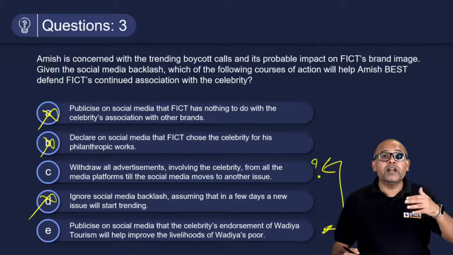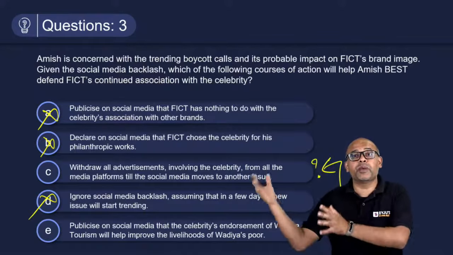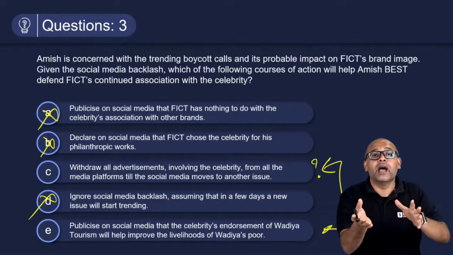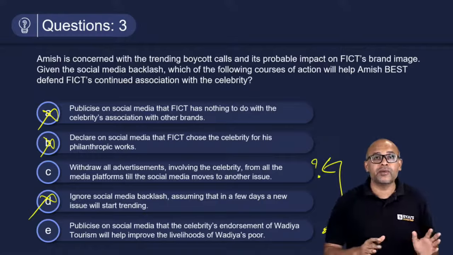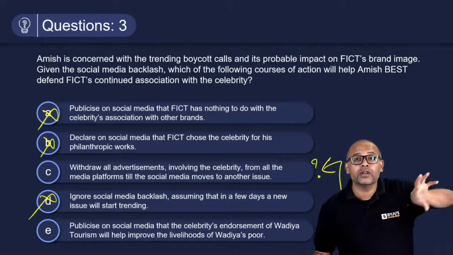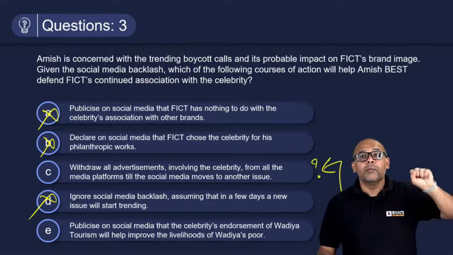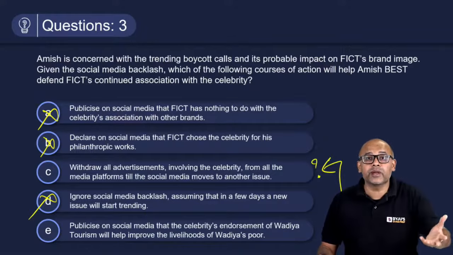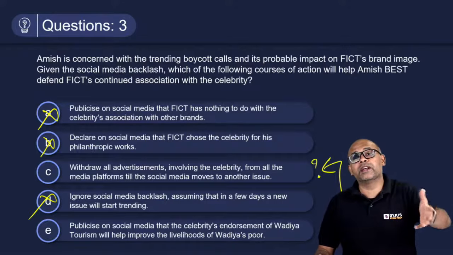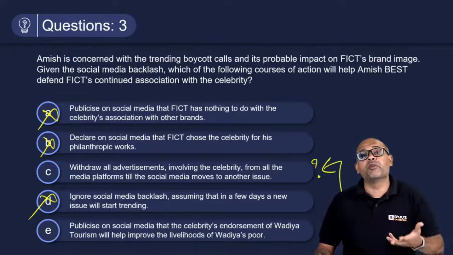So you are completely deflecting the perception of the people from him being a close friend or approving the dictatorship, to thinking that he's not supporting the dictator, but he is going there so that the tourism can become better. Irrespective of the dictator, tourism could become better, and ultimately the poor people will probably benefit.